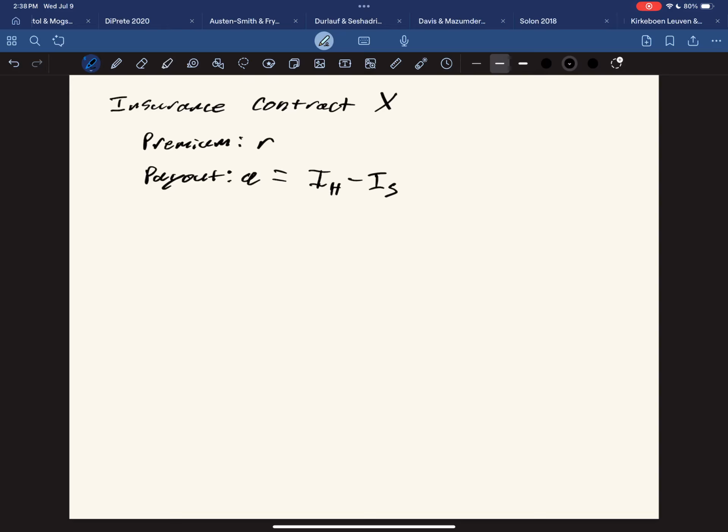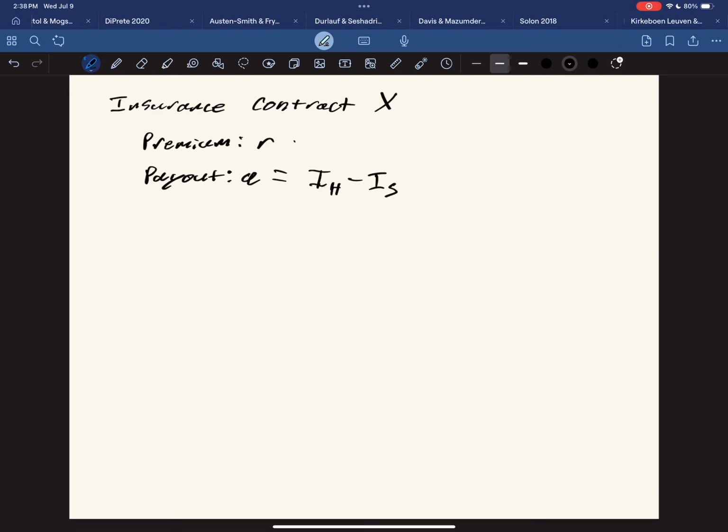So what does that mean? Let's assume that the premium is set so that the contract is fair, so on average nobody's making any money off of this.